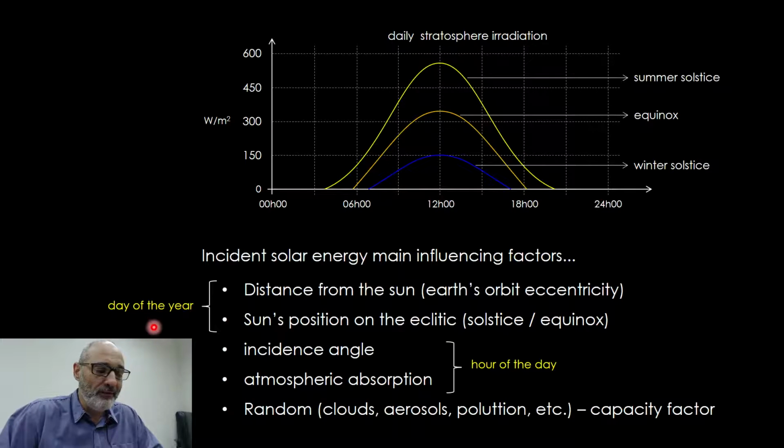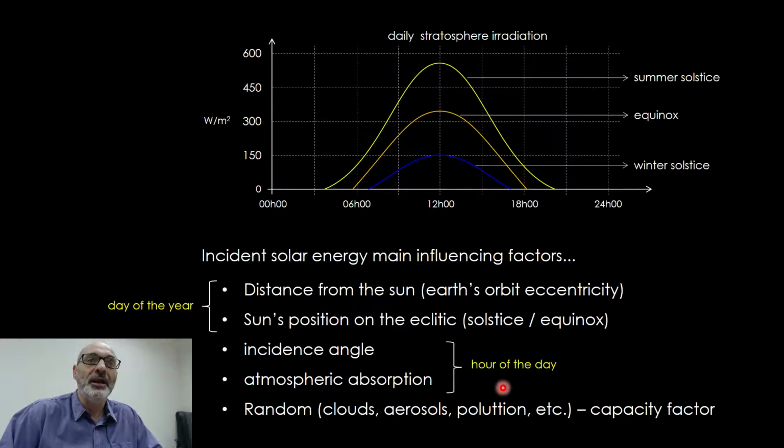Just to summarize what we need, we have variables that depend on the day of the year: the distance from the sun due to Earth's orbital eccentricity, and we also need to know the position of the sun on the ecliptic. These parameters depend on the day of the year.